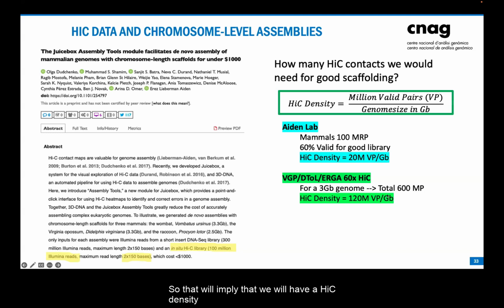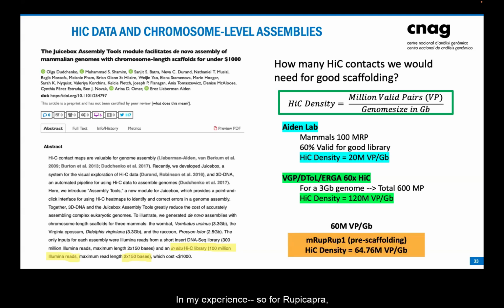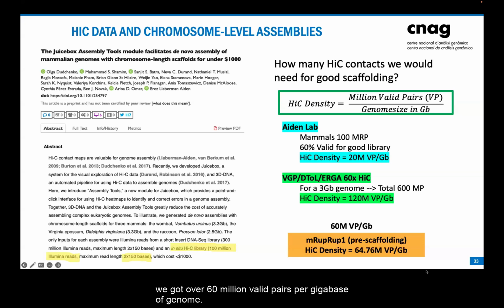So that will imply that we will have a HiC density of 120 million valid pairs per gigabase. Something in between these two values is a reasonable amount, in my experience. So for Rupicapra, we got over 60 million valid pairs per gigabase of genome. Before scaffolding, we have 64.76.